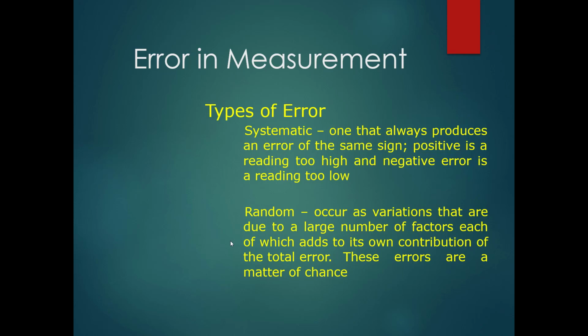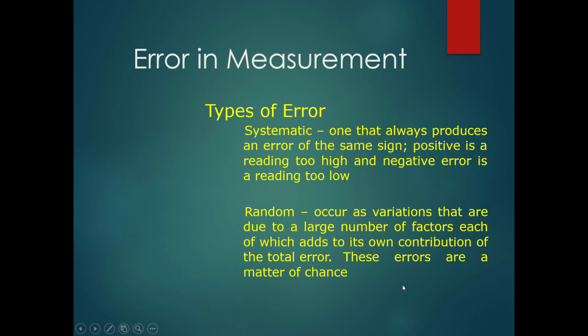Whatever be your measured value, if you know the statistics of the erroneousness of the instrument, since this systematic error is predictable, you can easily correct the measured value according to the instrumental error. But there is another type of error, that is random error. Random errors are random variations.